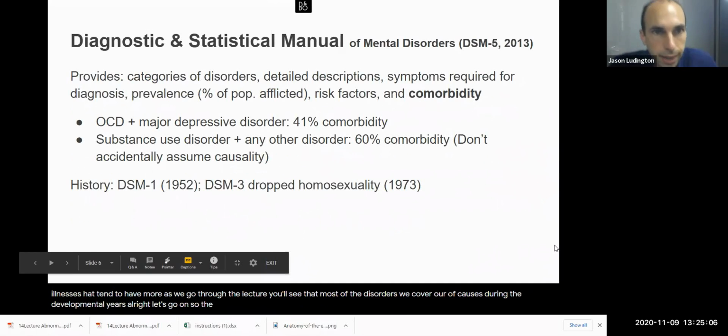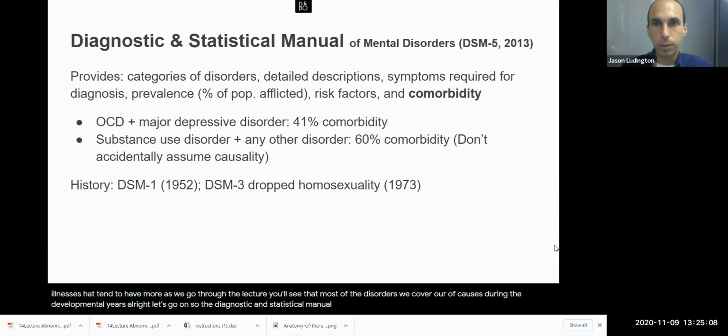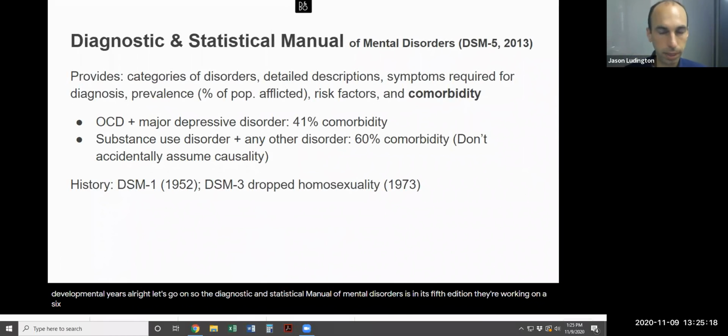So the Diagnostic and Statistical Manual of Mental Disorders is in its 5th edition. They're working on a 6th, but it's not out yet. They're also working on the ICD, which is kind of the equivalent of the DSM.